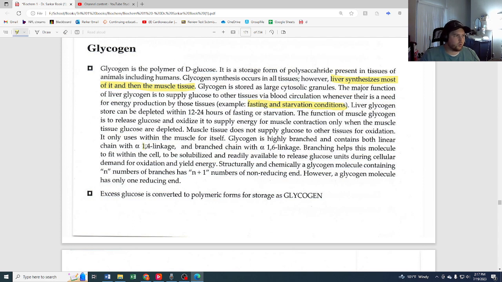Associate 1,4 linkage with linear, and the branch chain with 1,6 linkage. What this is saying is the 1,6 and 1,4 are talking about the numbering of the carbons. So the 1 carbon on one glucose connects to the 4 carbon on another glucose to form a linear chain, and the 1 carbon forms a linkage with the 6 carbon on another glucose to form a branched chain linkage.